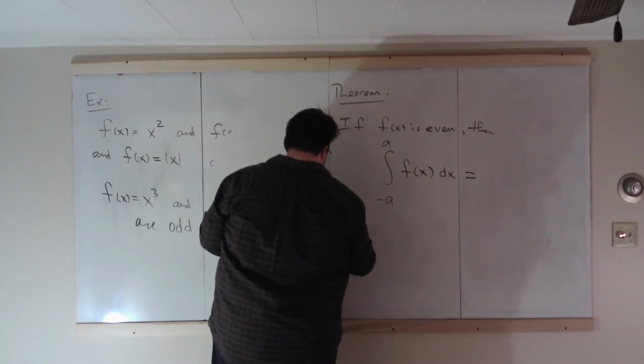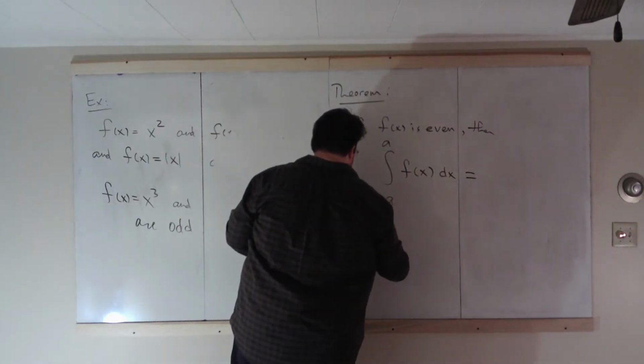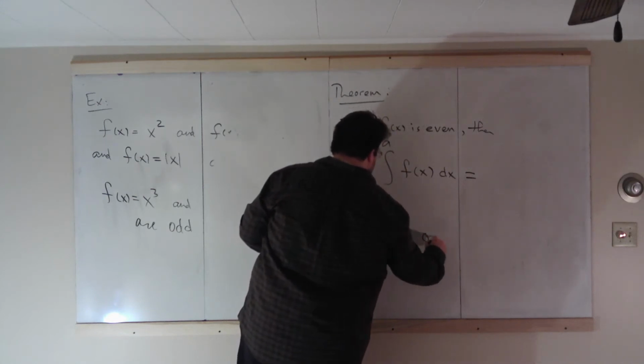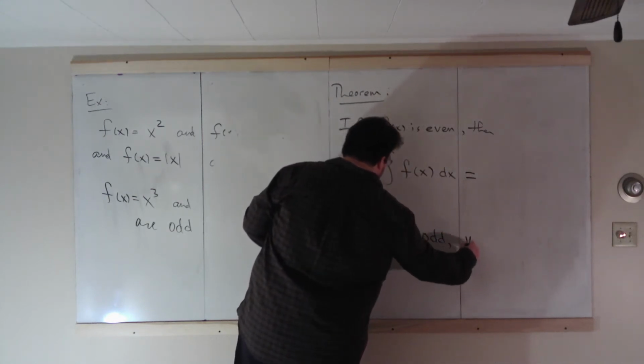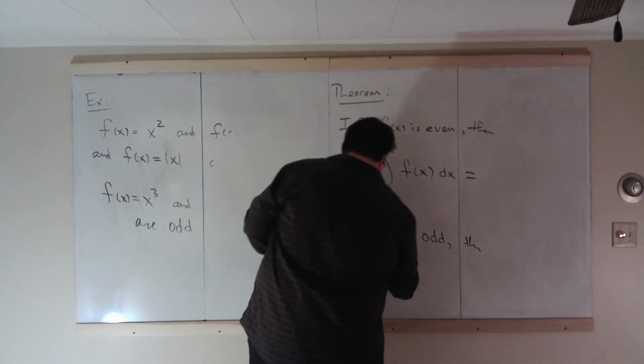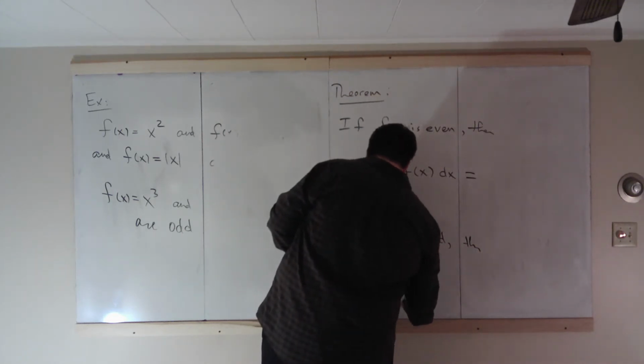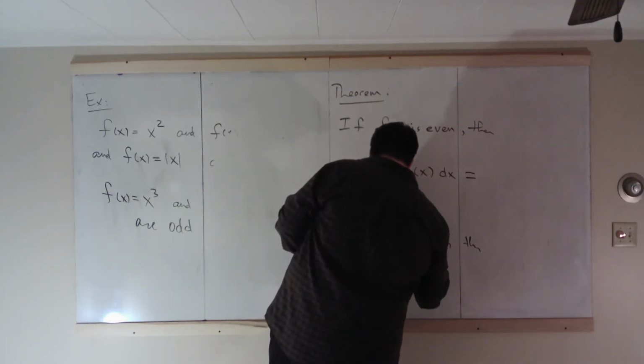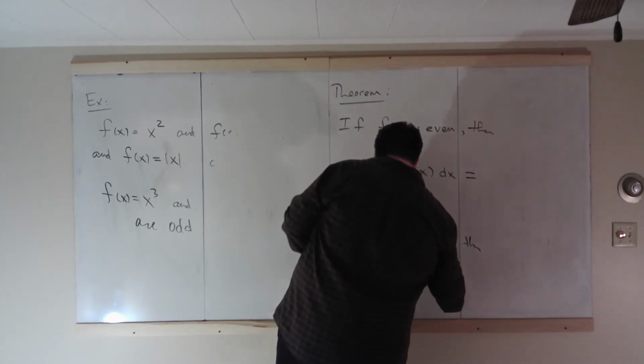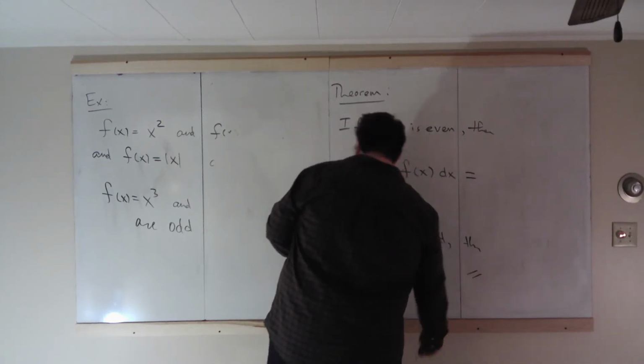And part 2, if f of x is odd, then the integral from negative a to a of f of x with respect to x equals what?